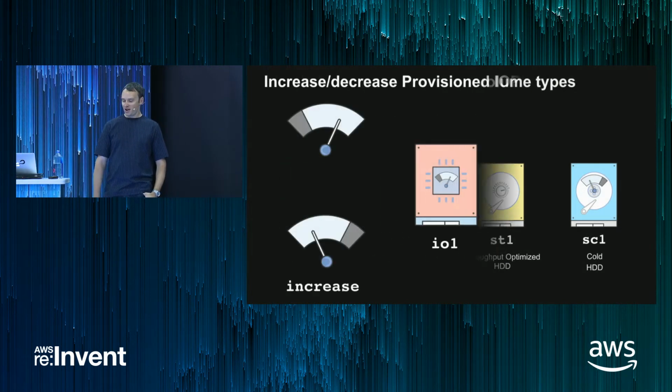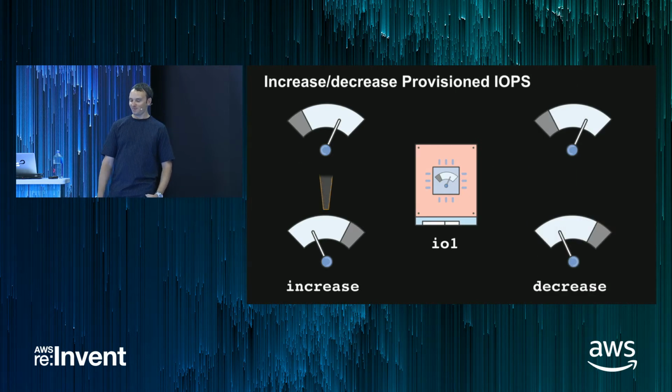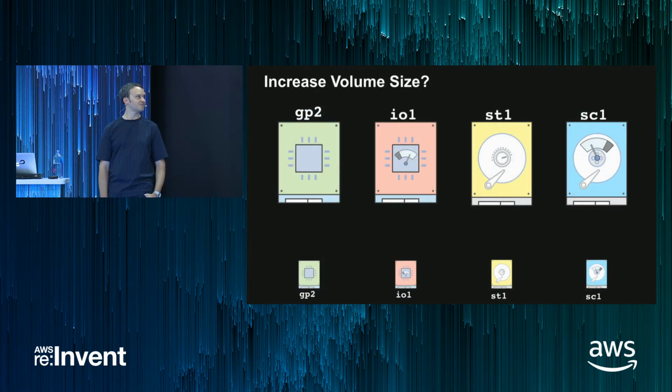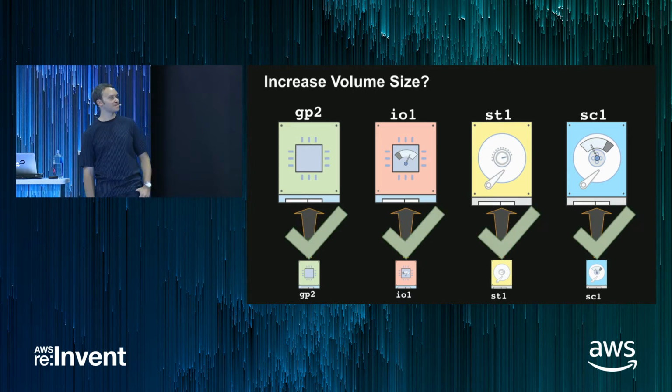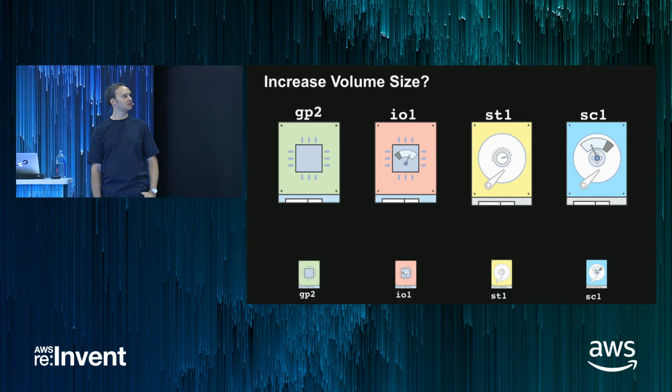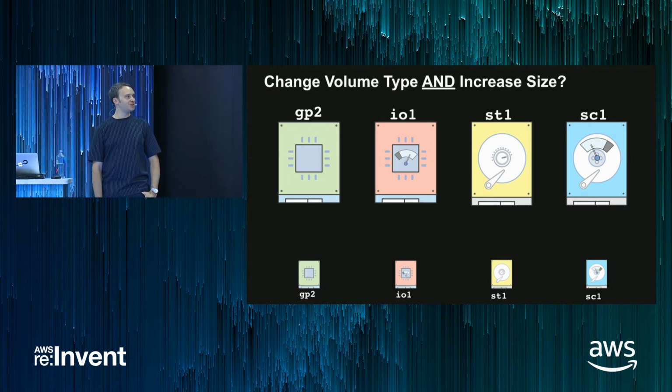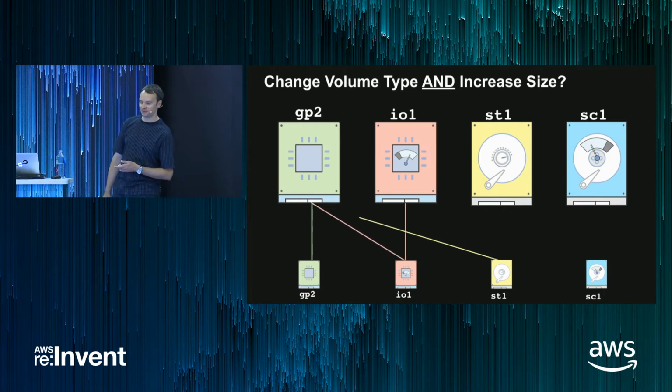So what this allows you to do, let's say you're increasing the IOPS, or you can decrease the IOPS. You can increase the volume size of all these volume types. And what else you can do is you can actually change the volume type and the size at the same time.